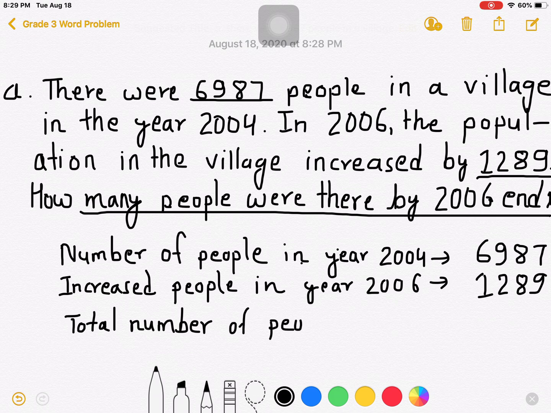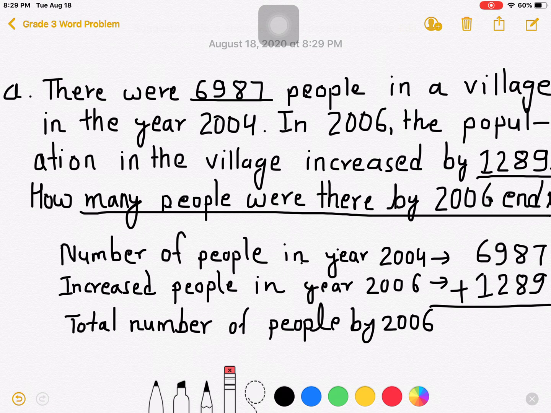Okay, how can we find this out? For this we have to do addition. Then only we can find out the total number.